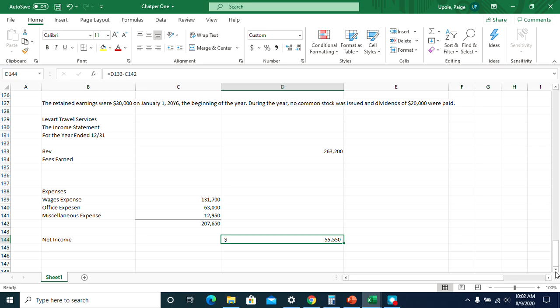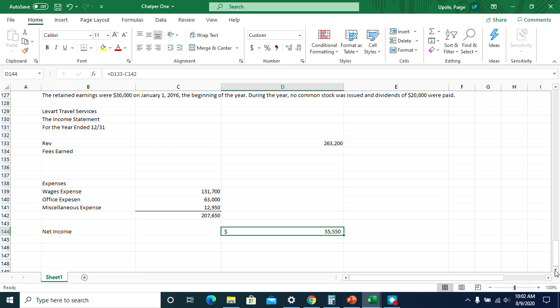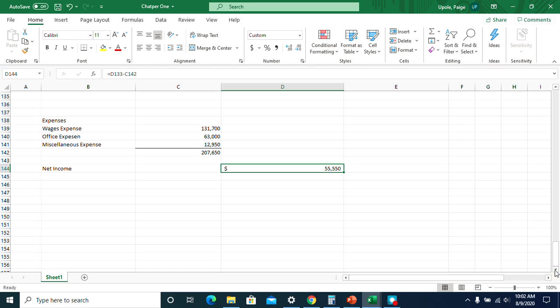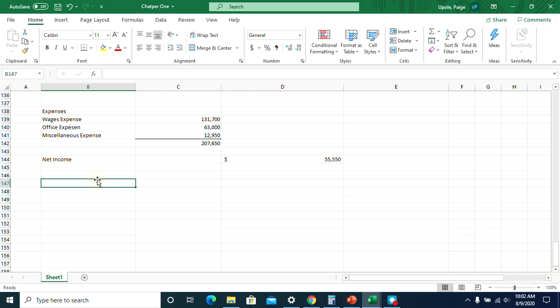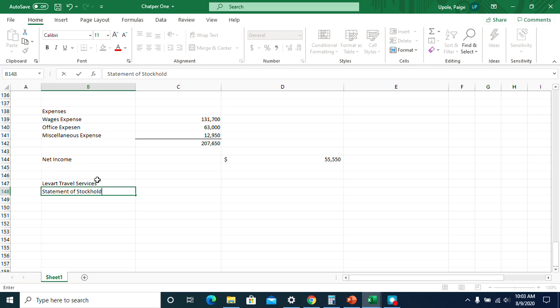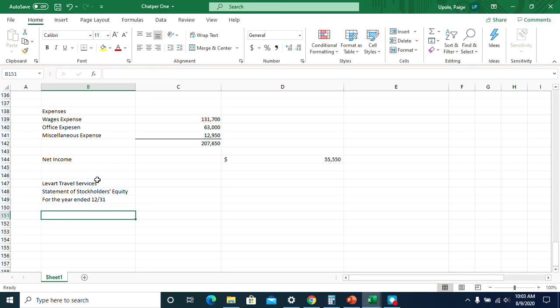When we prepare that first, let's go to the statement of stockholders' equity. So I'm going to do the same thing here. Levart Travel Services, the name of the statement, statement of stockholders' equity, and I'm going to say for the year ended 12/31.